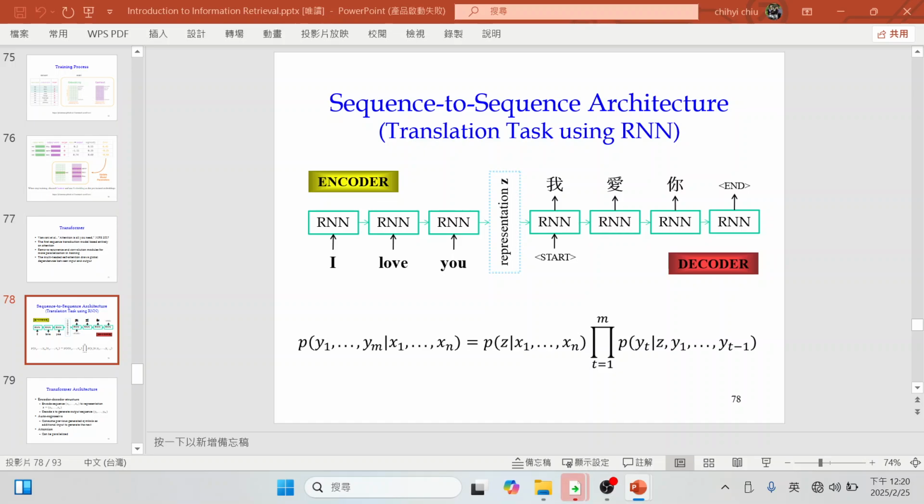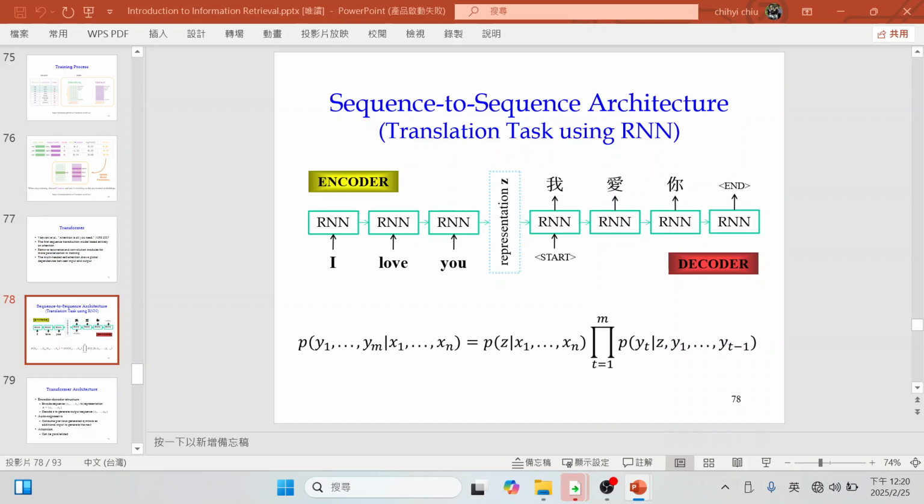Here I translate English to Chinese. If you know Chinese, you can see each word corresponds to the Chinese word. This part we call the decoder.